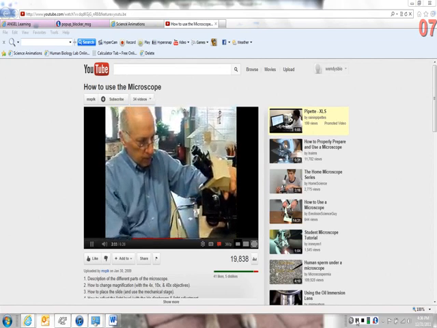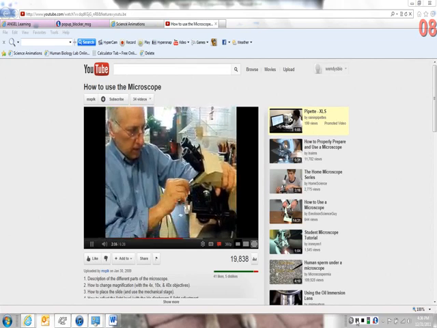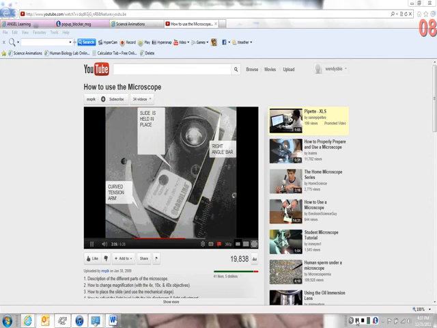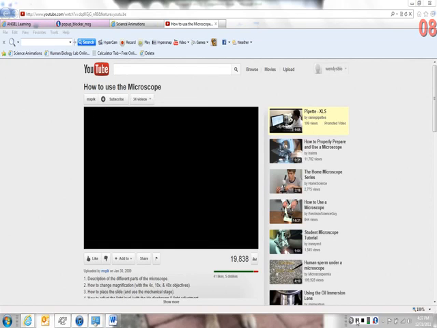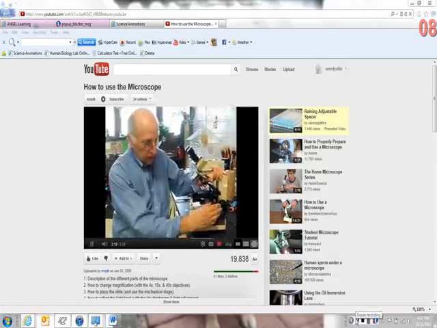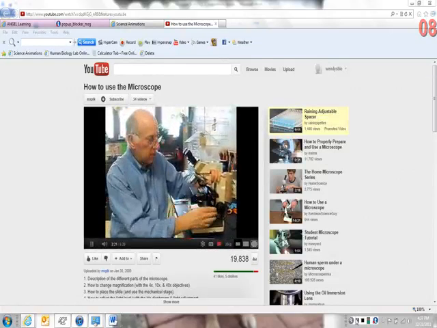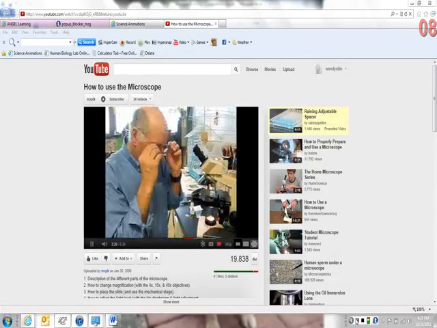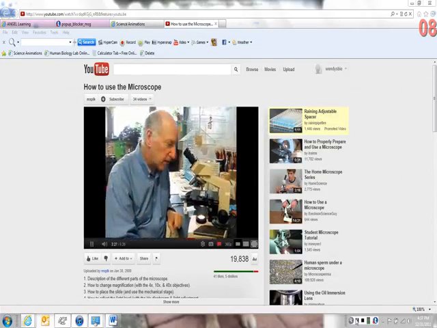The slide nestles into this space between the arm and this bar over here. The slide is nicely in position, and you can move it back and forth and sideways as well.